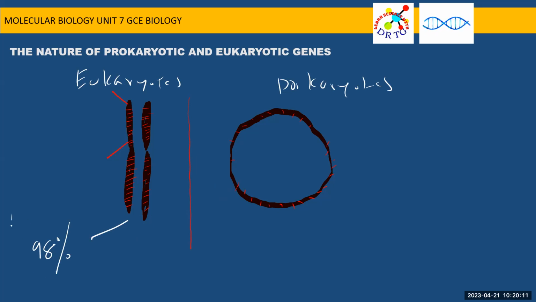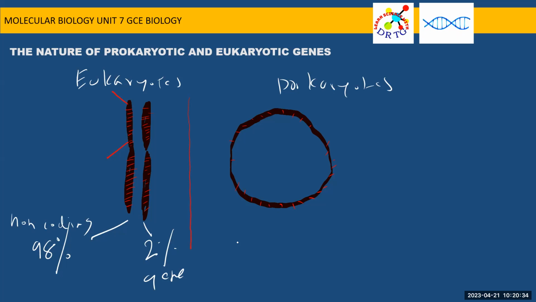They're called non-coding. They are the non-coding region. Only 2% represent the genes. In the whole DNA molecule, only 2% represent the genes. 98%, they are not genes.